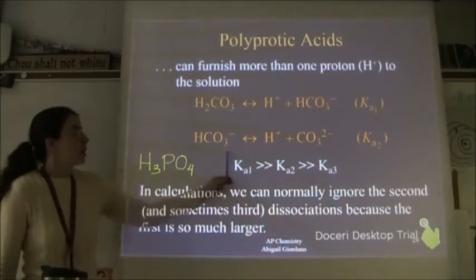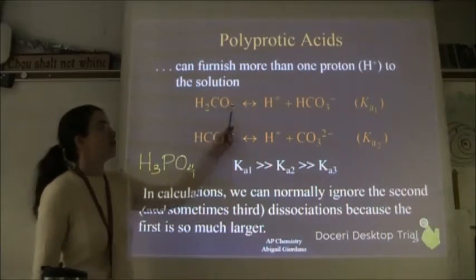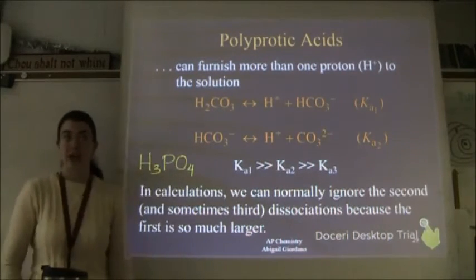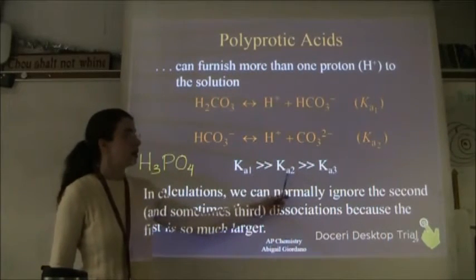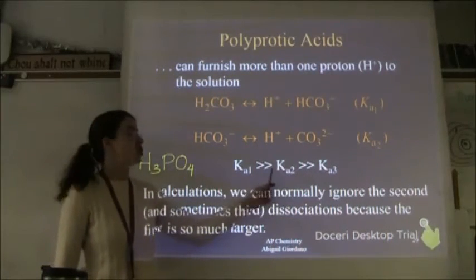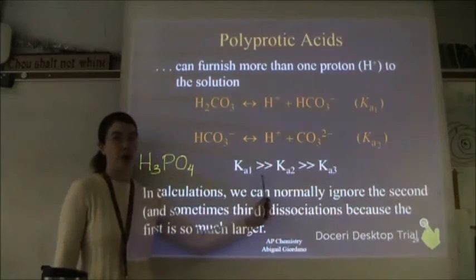All right? The first Ka value for that first dissociation for any polyprotic acid is always going to be greater than the second. And not just greater, guys, like much greater.